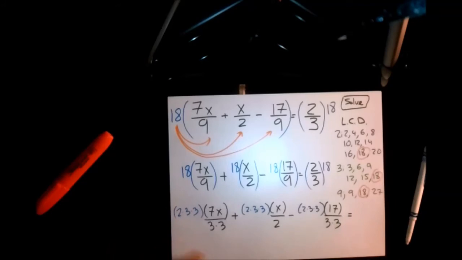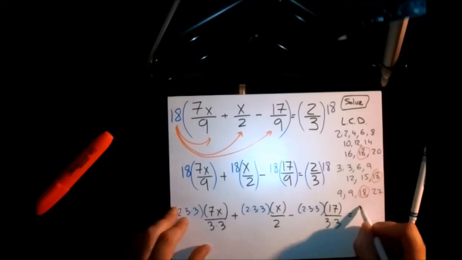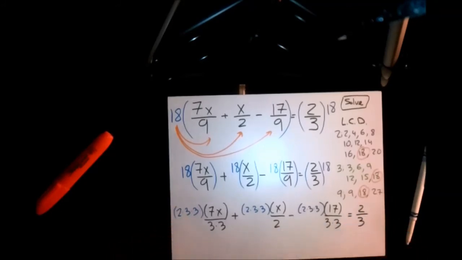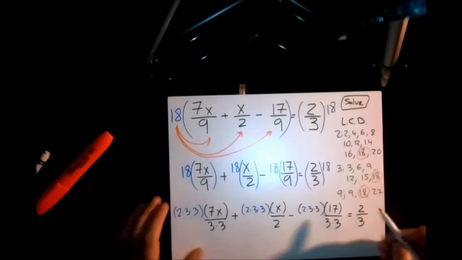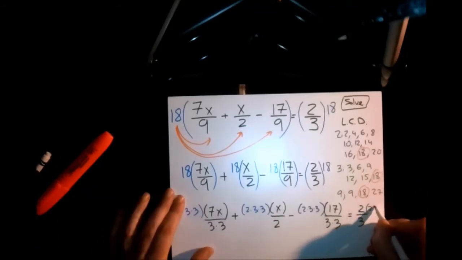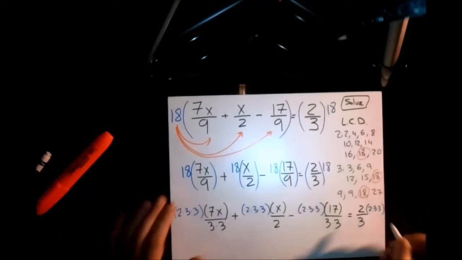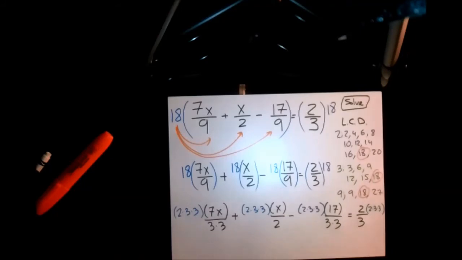All of this equals 2 over 3, can't break 2 or 3 down. And of course, the 18, I can break it down into 2 times 3 times 3. Alrighty then. That looks messy. It's not so messy. It looks complicated. I'll give you that. It's a bit complicated.